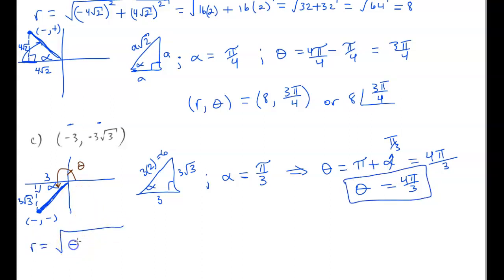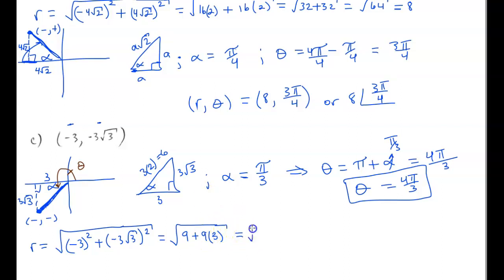And that's just the square root of -3 squared plus -3 times square root of 3, squared. So -3 squared is 9, plus, since I have -3 times square root of 3, I have to square each of these factors. -3 squared is 9, and square root of 3 squared is 3.